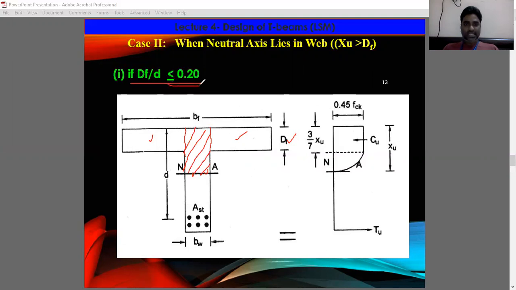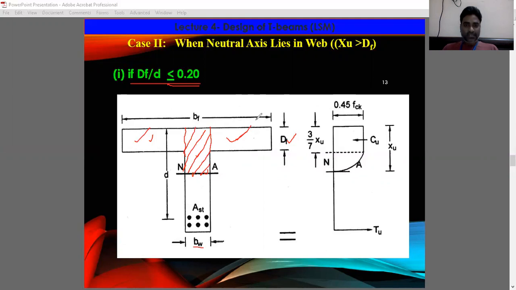So if this is the case, that means the stress within the flange thickness is uniform, constant, I can say, and the rectangular portion is within the flange. So for calculation of compressive force in this case, it can be divided into two parts: the compressive force taken by the flanges and the force taken by the web. For this, the width of the flange is Bf minus Bw, so I will remain only with this thing, right?